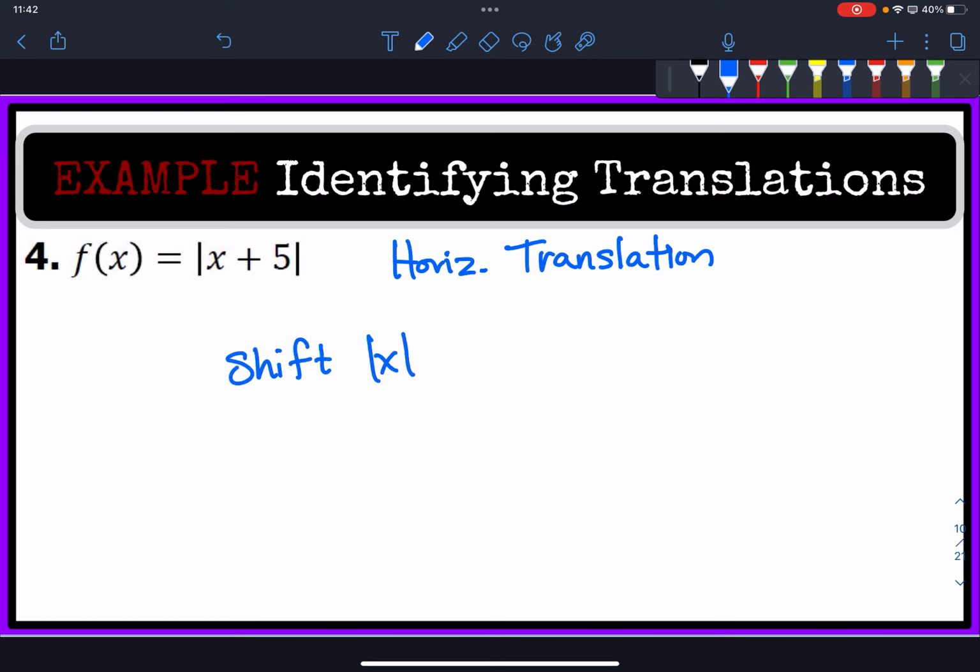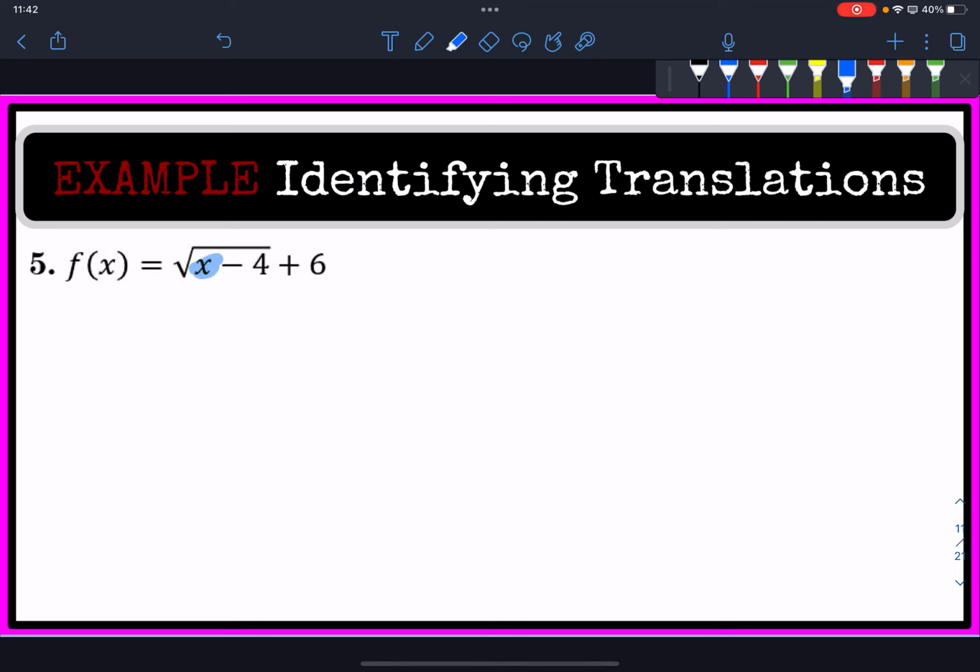Now in this next one, it does both translations. The x minus 4 is going to be a horizontal translation, and the plus 6, which is on the outside, is a vertical translation.